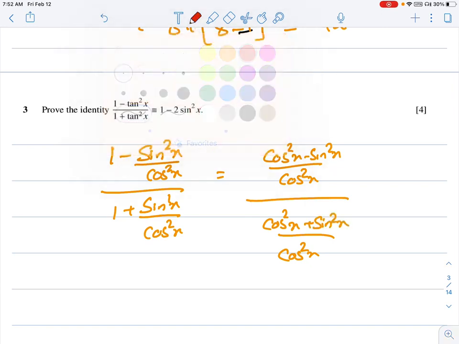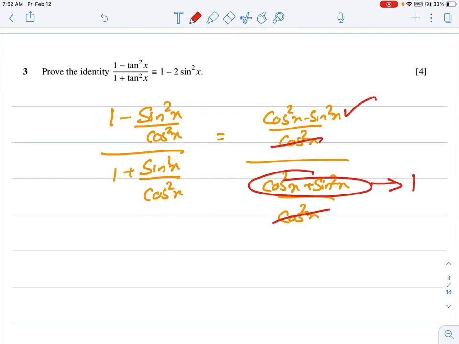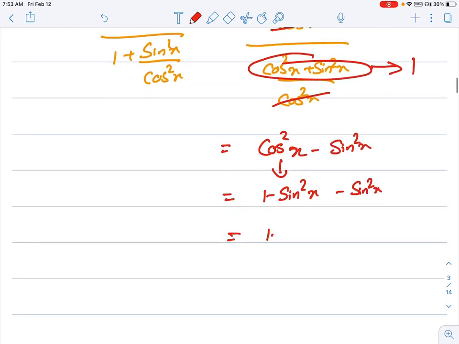I can see that cos square x can cancel, and cos square x plus sin square x is 1. So I'm left with only cos square x minus sin square x in the numerator, which, cos square x can be written as 1 minus sin square x, minus sin square x. So it becomes 1 minus 2 sin square x.